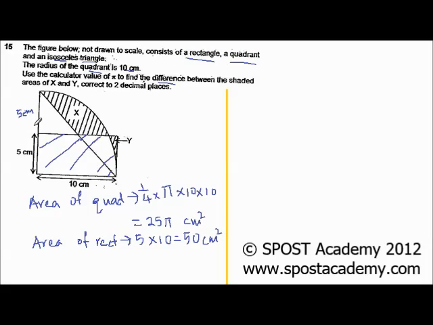Now, how do we get rid of this small triangle? So let's look carefully. If you see that this is 90 degrees and this is an isosceles triangle, it means that this angle must be equal to this angle. Since this is a rectangle, it means that this is parallel to this, which means that this angle is also equivalent to this angle because of the rule that says corresponding angles, since it's parallel.